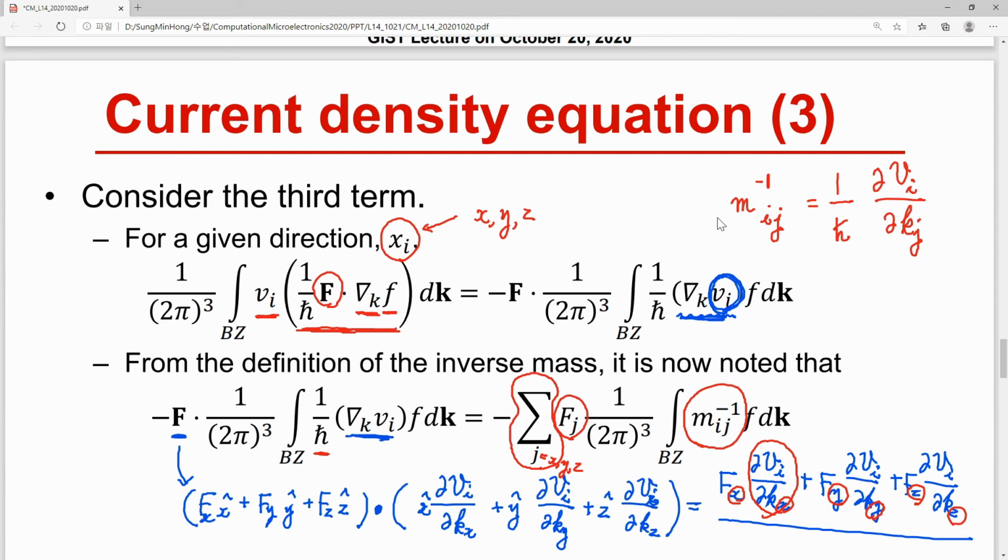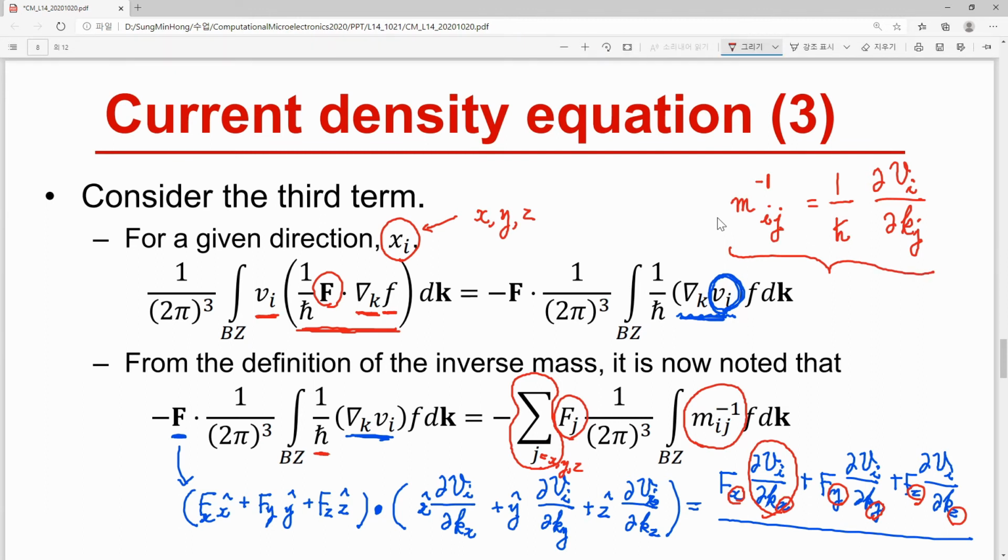Sometimes this inverse mass can be quite difficult, and for some materials it can be quite simple.